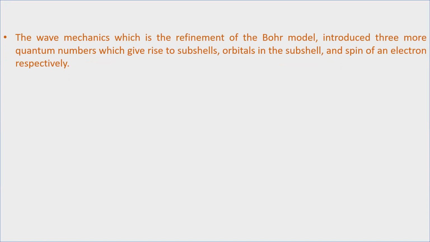Bohr theory was only about explaining the hydrogen atom with a single electron. It doesn't take many quantum numbers for specifying only one atom with only one electron. But for atoms with more electrons, we need a more sophisticated theory to understand, that is wave mechanics.